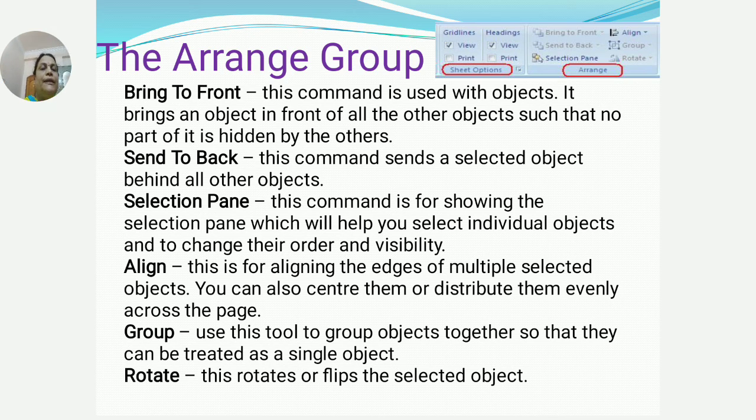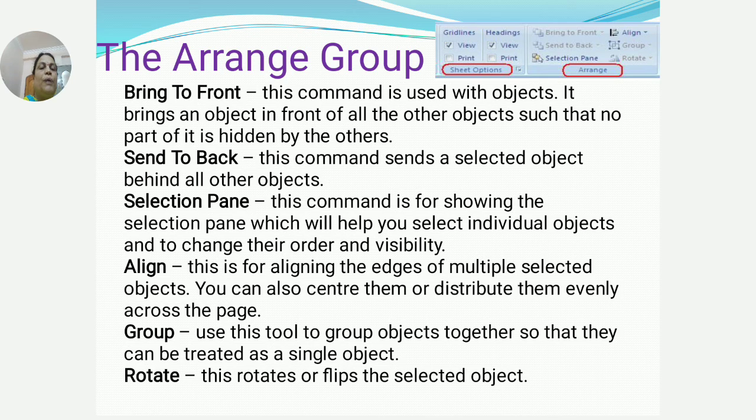This is for aligning the edges of multiple selected objects. You can also center them or distribute them evenly across the page. Aligning means moving the selected objects to the left, right, top, bottom or center.